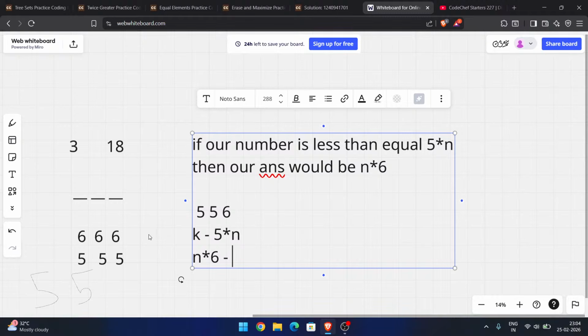So simply, if this many sixes I require to make this number, then in our final answer, the number would be less by this. So it would be 5 into n.